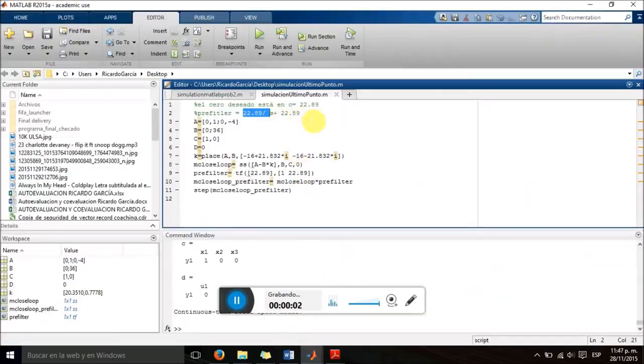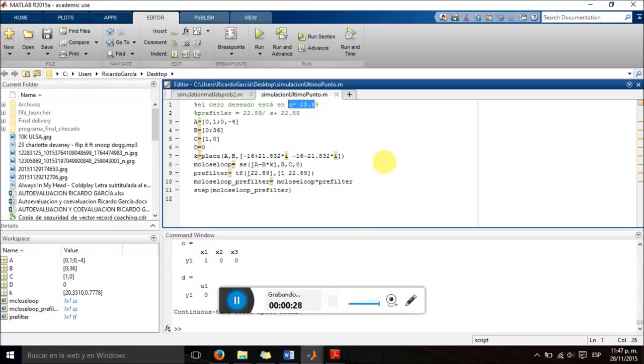The next step is defining a prefilter, and this is very simple. We just need to know the coordinate of the new zero that we obtained with the arrival angles and that stuff, and we just define a new transfer function, a little one, that is defined by c over s plus c, being c the coordinate that I mentioned before.